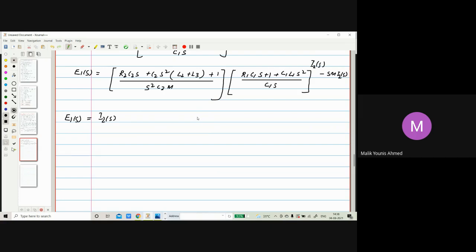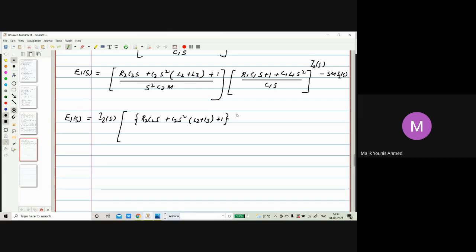Okay, I2 of s I'm getting common in both the cases, and I'll try to make an LCM here. You can see, the first term will be R2 C2 s, then plus C2 s square L2 L3 plus 1.